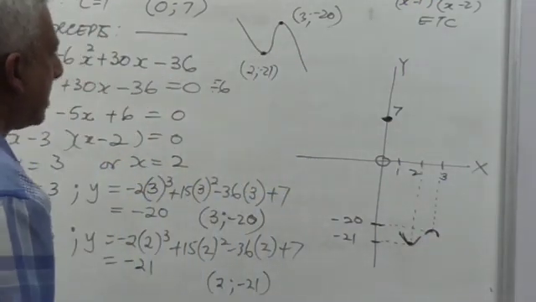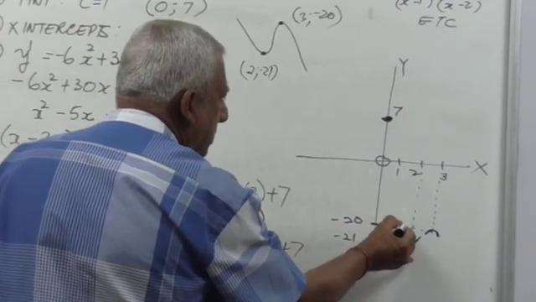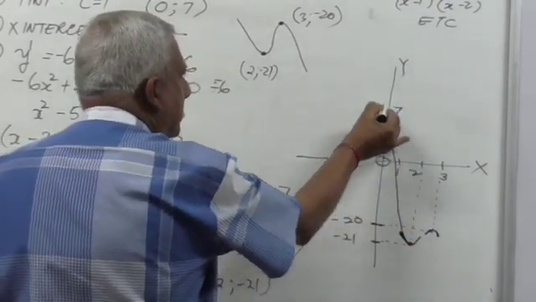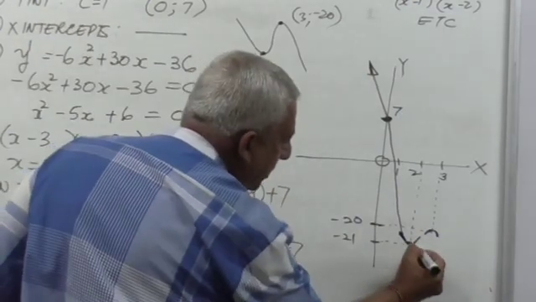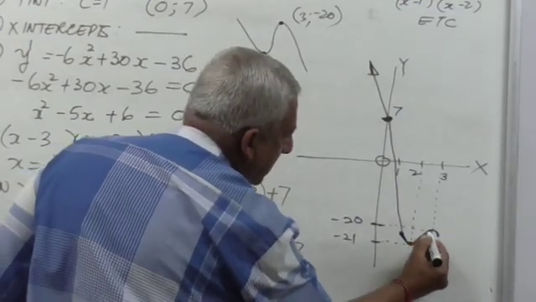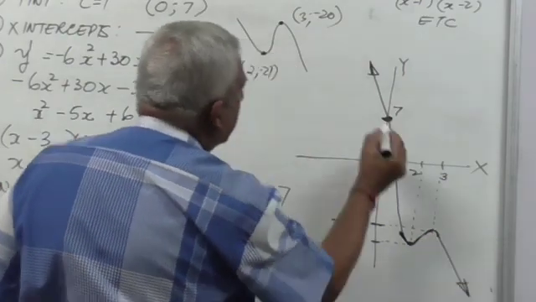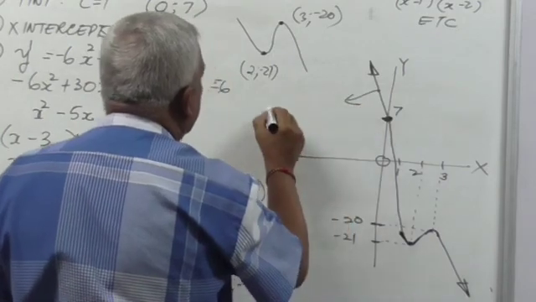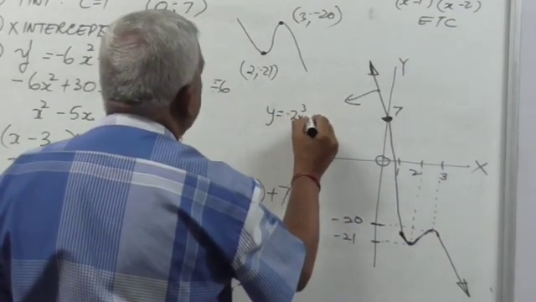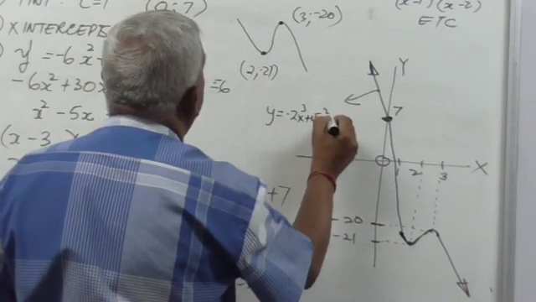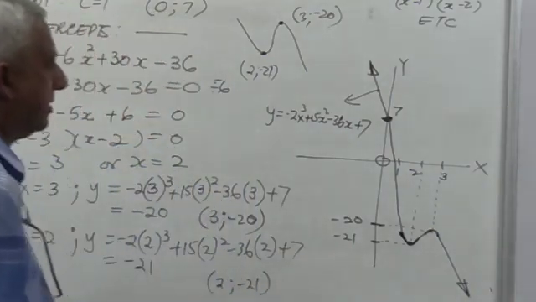So if I draw this graph, from here it must go up to 7 and out there. Then from here it must join that there. Then it will turn there and go down that way. And this is the graph of y is equal to negative 2x cubed plus 15x squared minus 36x plus 7.